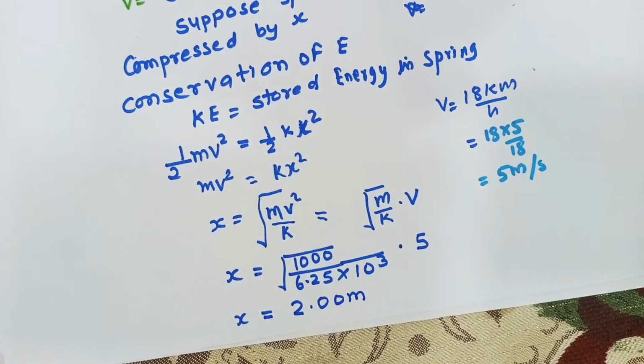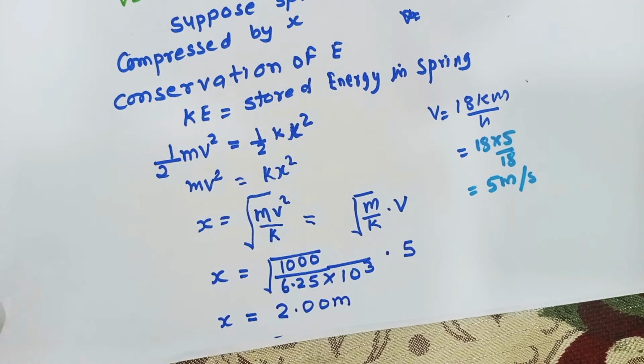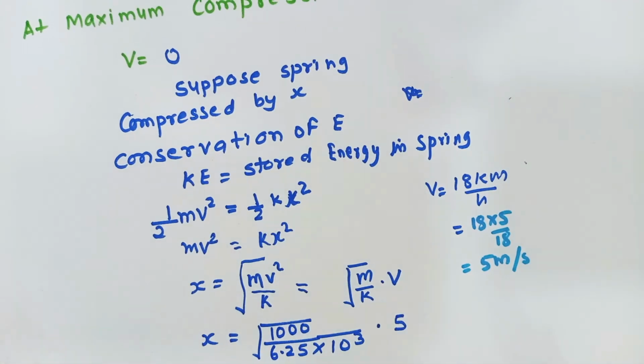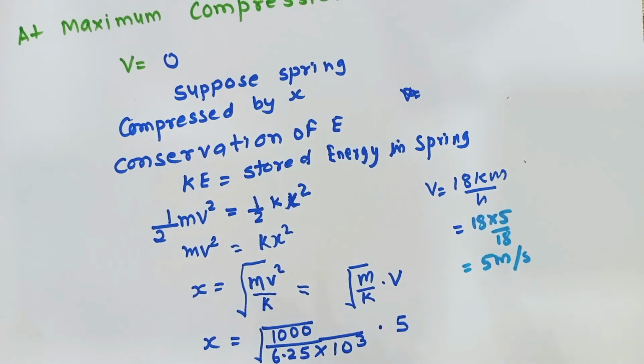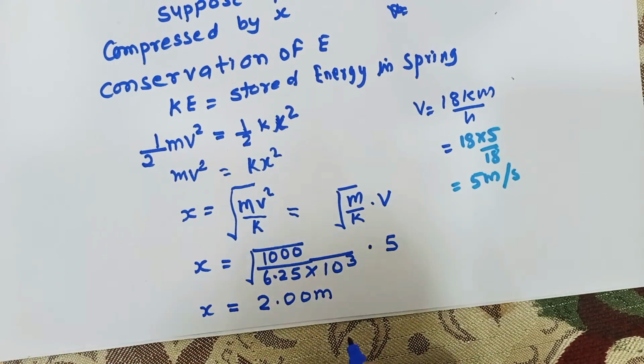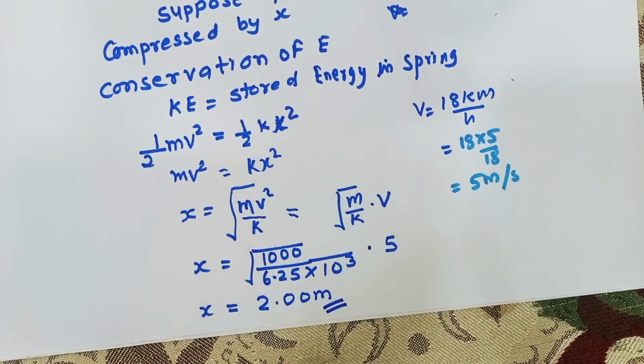Now in this question, what we have considered is that there is no friction. Now suppose there is friction, and the coefficient of friction between the car and the road is something. Then what will be the compression? This time the answer is not 2 meter.